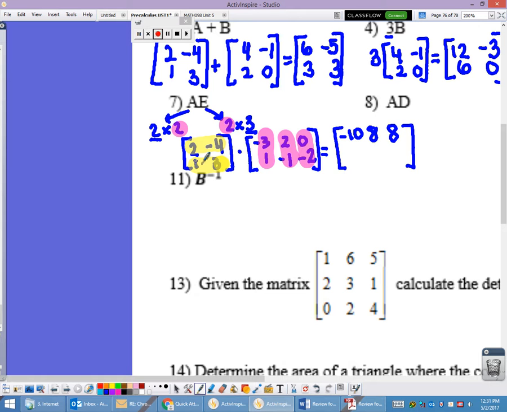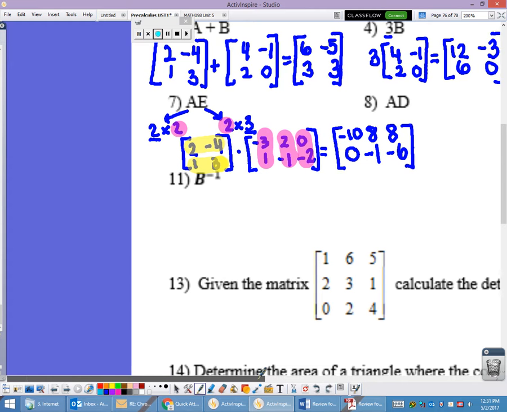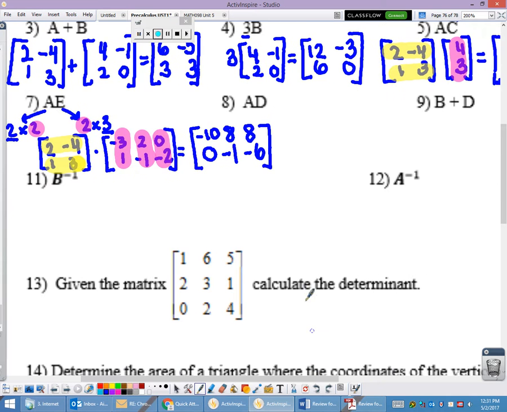And then go on to the second row, and multiply by each of the columns to repeat that, and you get 0. 1 times negative 3 plus 3 times 1, that's 0. 1 times 2 is 2. 3 times negative 1 is negative 3. 2 plus negative 3 is negative 1. And then finally do that with the last row and the last column, and you'll get the value of negative 6. All right, A times D. This is not possible. We're going to call this undefined.